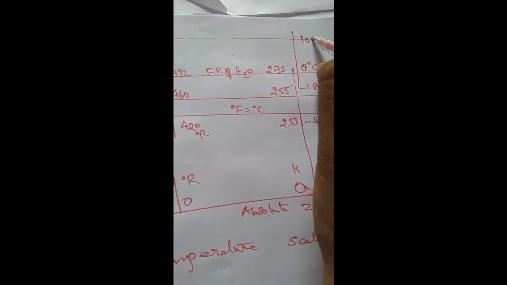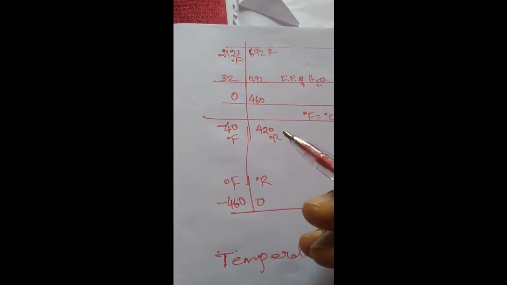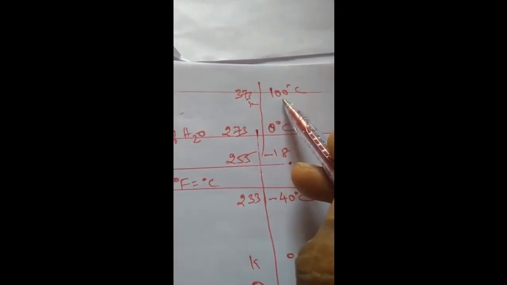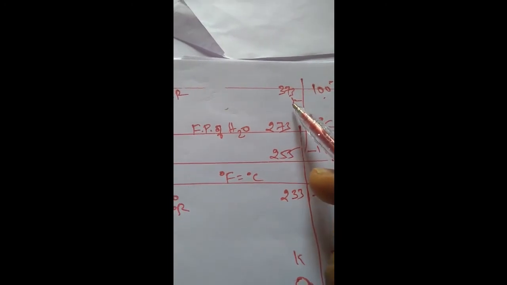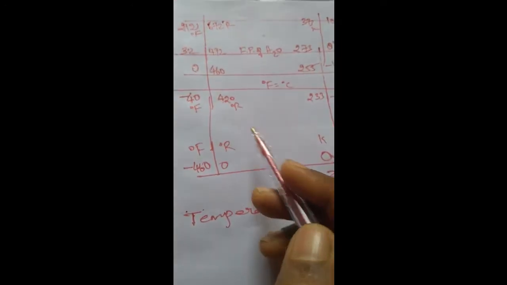Boiling point of water is 100 degree Celsius, 373 Kelvin. Here it is 672 Rankine, 212 degree Fahrenheit. Okay, so that's what we did a numerical on. Convert 100 degree Celsius into Kelvin, we got 373, degree Fahrenheit we got 212, and 672 degree Rankine. Okay, so this is the table.